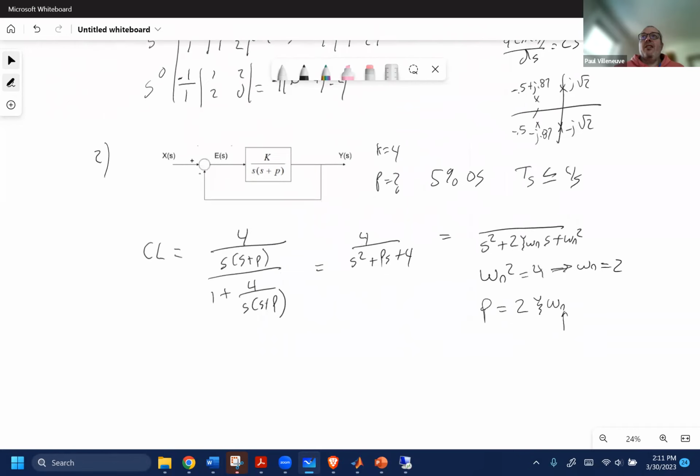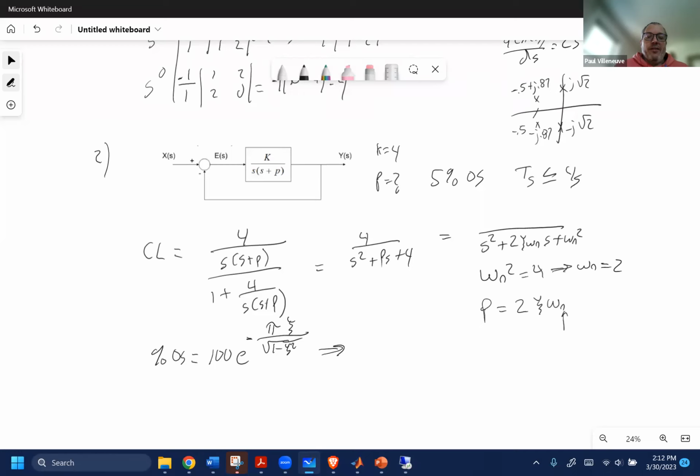My zeta equation comes from the percent overshoot equation, which is 100 e to the minus pi zeta over the square root of 1 minus zeta squared.